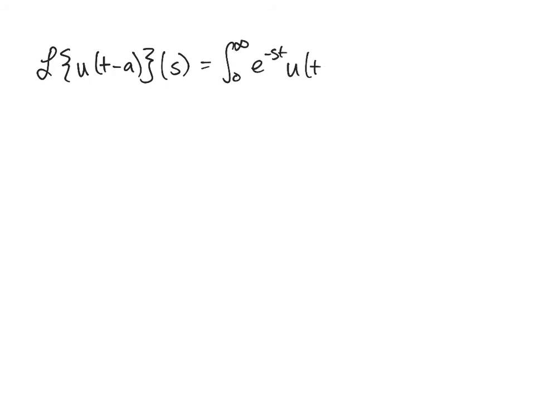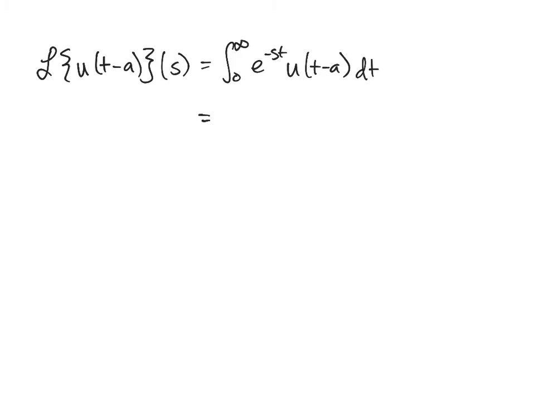Let's say we want the Laplace transform of an arbitrarily translated unit function. That's going to be some function of s, and we'll just write down the definition: the integral from 0 to infinity of e to the negative st times u of t minus a dt.